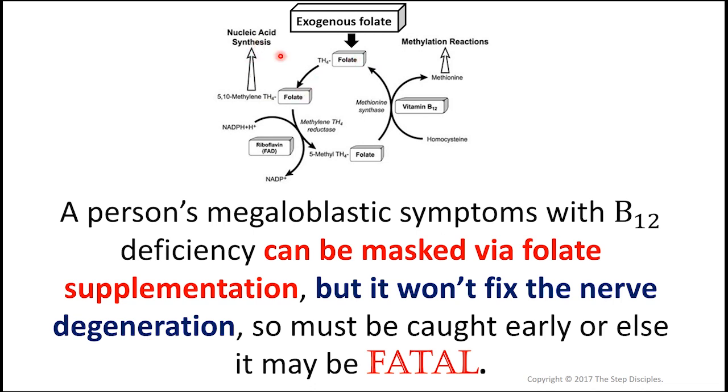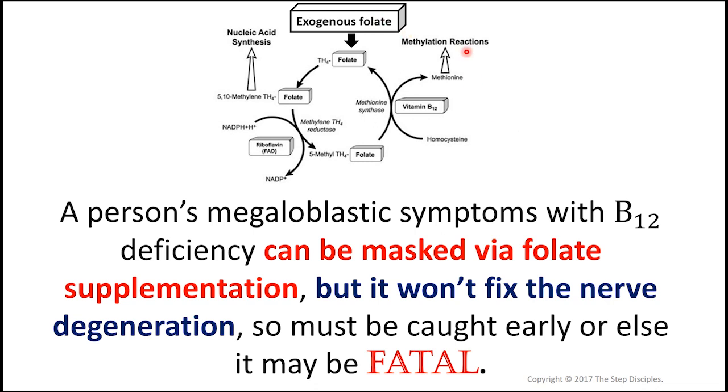So nucleic acid synthesis, for example. And when you can't get to that level, via the lack of vitamin B12 to convert that folate back into a compound that can act in the role that it wants to act in, you're going to get that megaloblastic anemia. You're not going to be able to do nucleic acid synthesis. You're not going to be able to divide. So cells are going to grow but not divide.